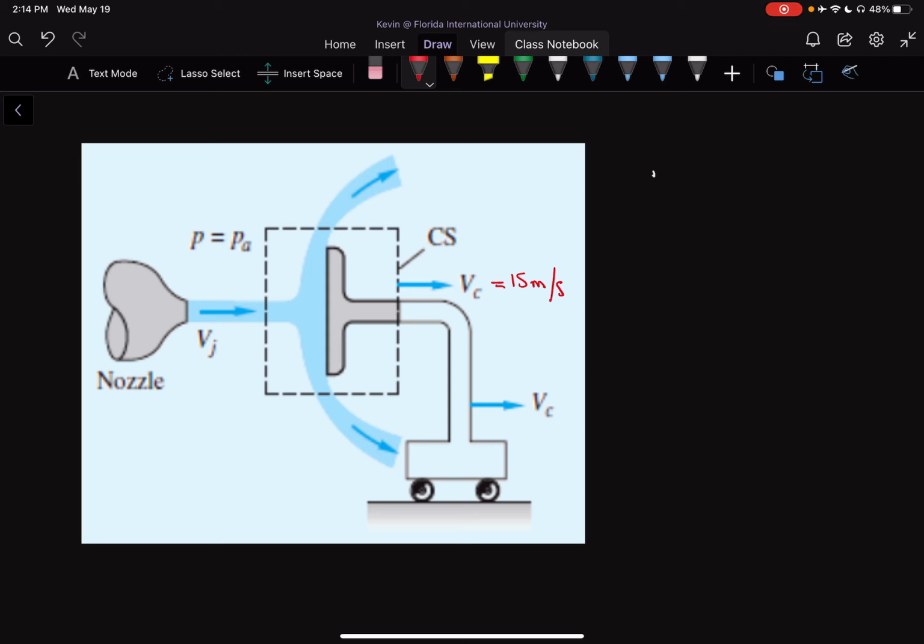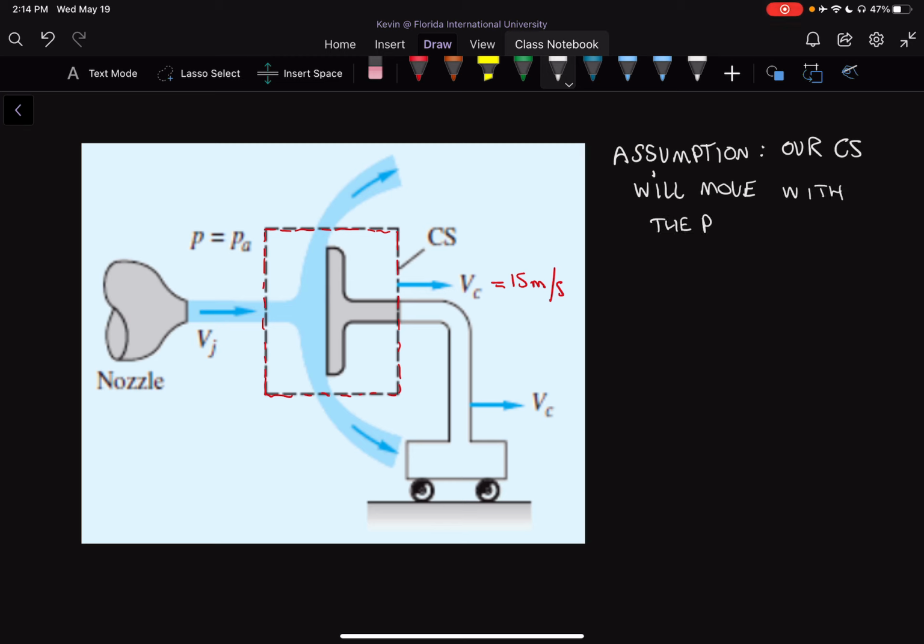What that means is our control surface in this type of problem is going to be moving at a speed of 15 meters per second. So as our first assumption, we have that our CS will move with the plate.